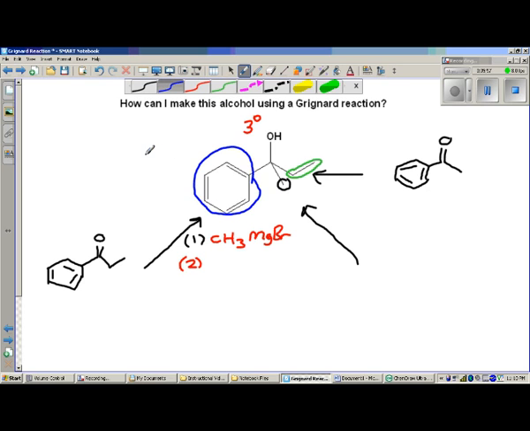The fact is, phenyl magnesium bromide, or PhMgBr, is actually quite a common Grignard reagent, as is methyl and ethyl magnesium bromide, but this is actually quite easy to use. A lot of undergraduate laboratories use it.